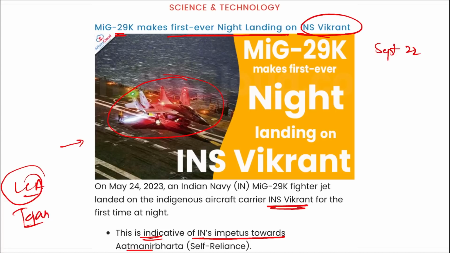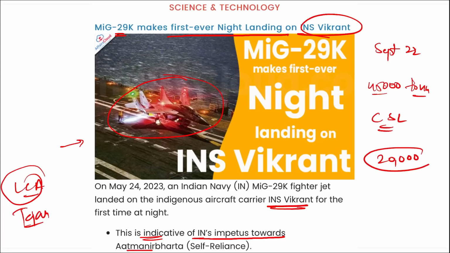The aircraft carrier is presently undergoing air certification and flight integration trials. This 45,000 ton Vikrant is the first to be built in India and was constructed by Cochin Shipyard Limited in Kerala, at an estimated cost of around 20,000 crore rupees.